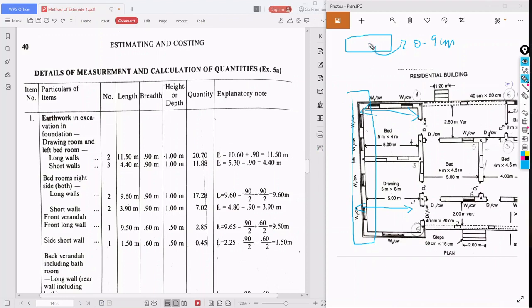Okay, so we need what? Here also we need center to center. Here the full foundation will be there, so we need from this center to this center. How to get that?